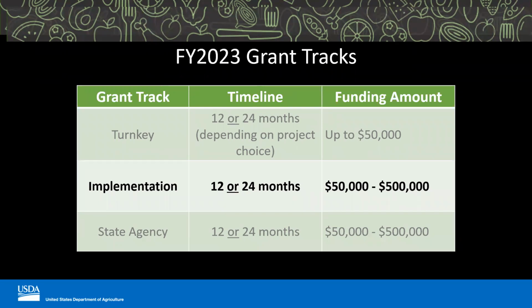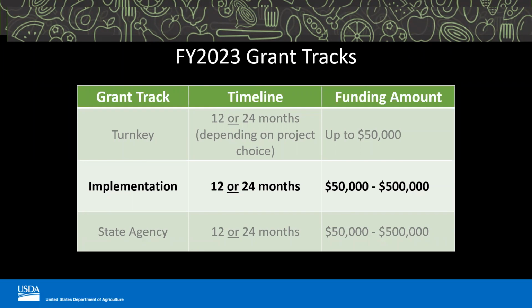Implementation grants are available up to $500,000 only for projects with national or multi-state scope. If an entity applies for an implementation grant in excess of $100,000, up to $500,000, the applicant must clearly indicate the national or multi-state scope of its projects in the application materials.